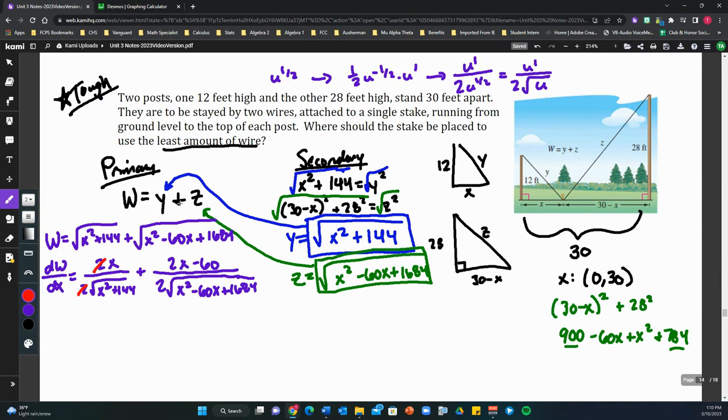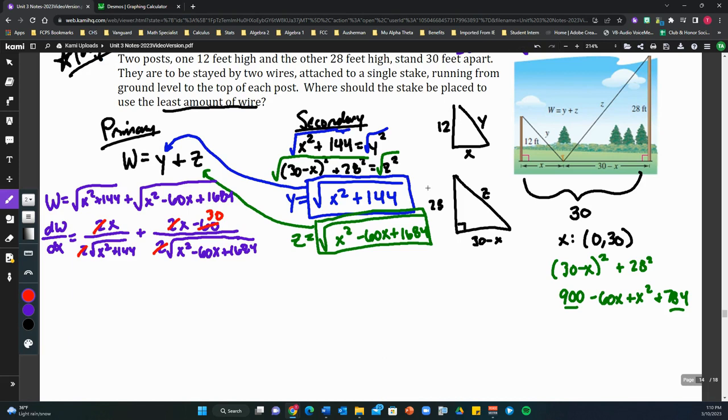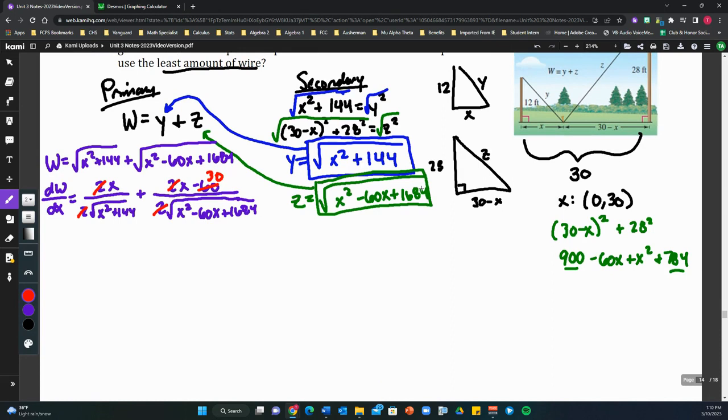So just like with the first one, this guy also has a common factor top and bottom of 2. So I can divide the bottom by 2 and both of these guys by 2. So we end up with x minus 30. So that is my derivative. It's not nice looking, but again, the process up to this point has been the same. It's just the given scenario and conditions are slightly different.